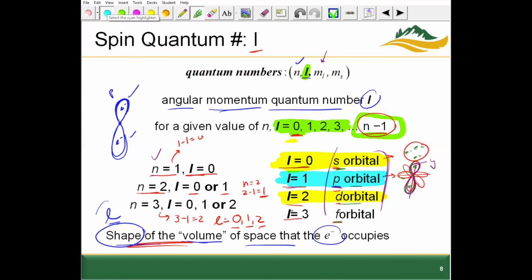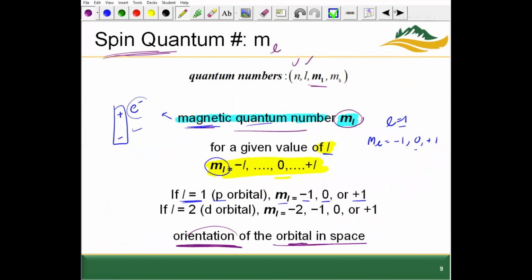Then l equal to 3, we have an f-shaped orbital. So l equals 0, 1, 2, 3: s, p, d, f. These describe the type of orbital. That means if you know n, you can figure out l. If you know l, you know the type of orbital. Then from l, you can also describe the possible m sub l values.